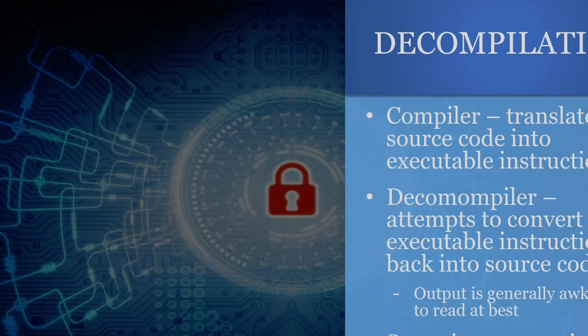But it's not always reliable, and the output is generally awkward to read at best. It's not going to be extremely perfect or as good as the executable actually is. So this is what we call decompilation.